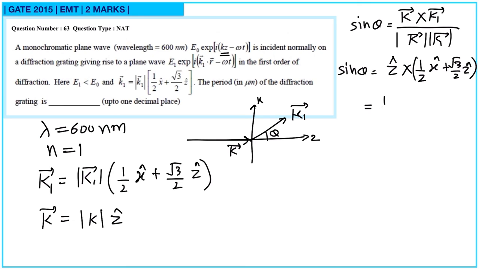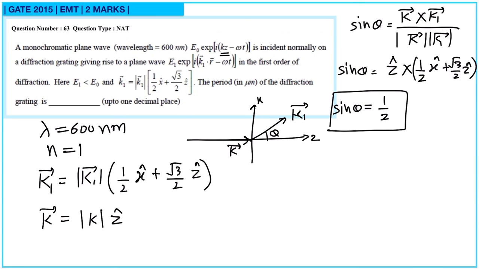So this will be half into z cap cross x cap, that will be y cap, and z cap cross z cap will be 0. So if we consider magnitude only, then sin theta will be half.